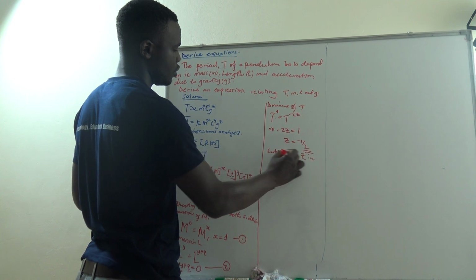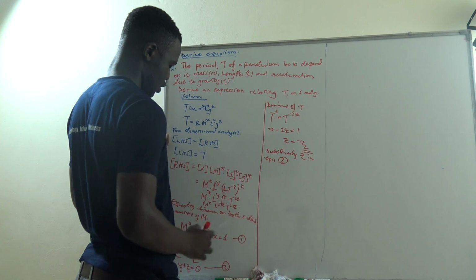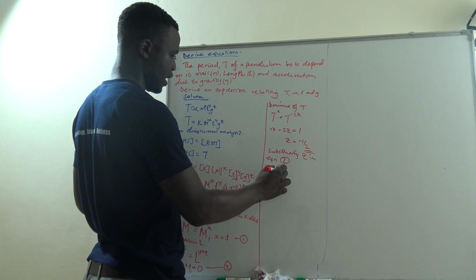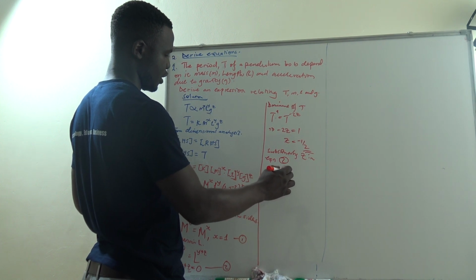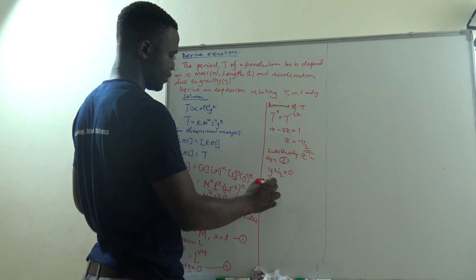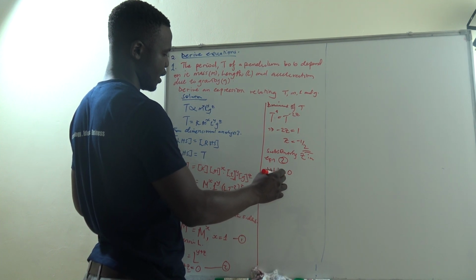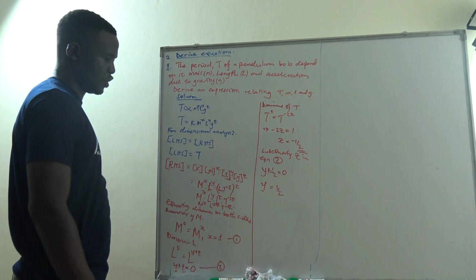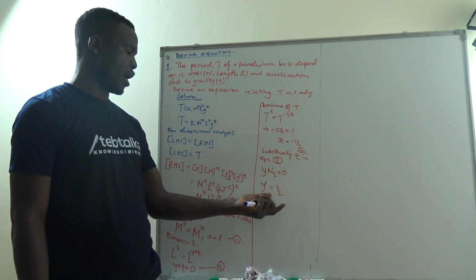We know that y plus minus a half should be equal to 0. So the minus a half crosses the equal sign and becomes positive, and this means that y is a half.